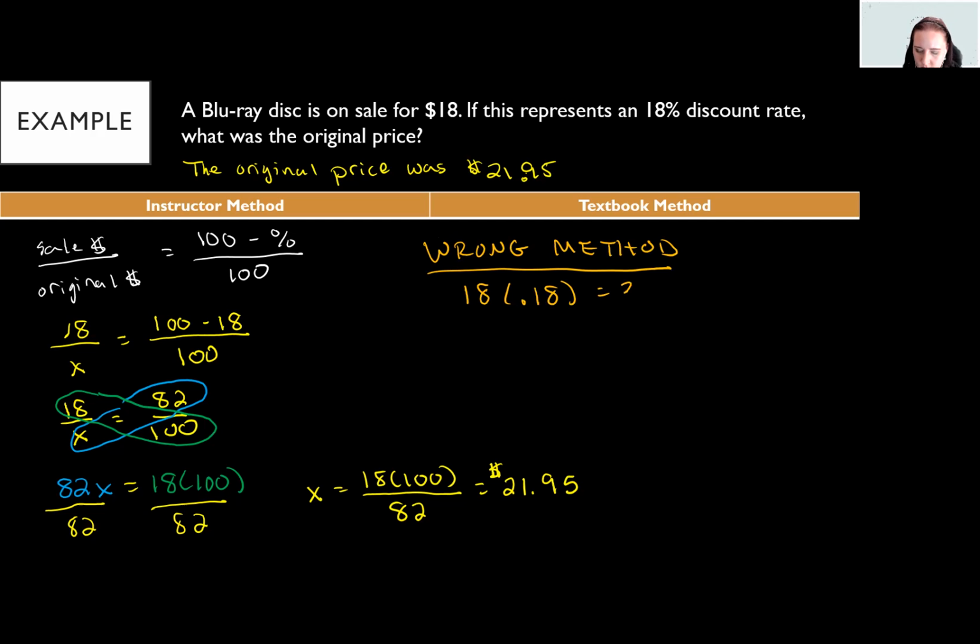And that gives you $3.24. And then they will add that back onto the 18. But that actually gets you a different number, 21.24. And you might say, oh, but it's close. It's close when you have small numbers. But if you have big numbers, like if we were talking about $500 and an 18%, the difference gets larger and you get way off.